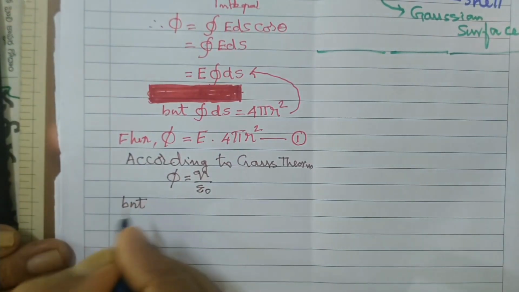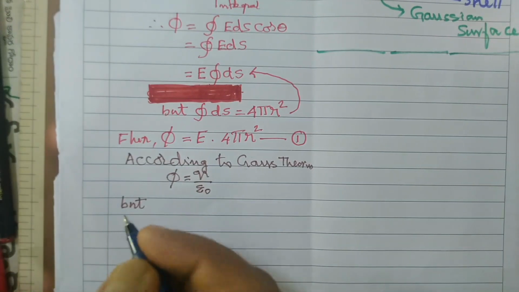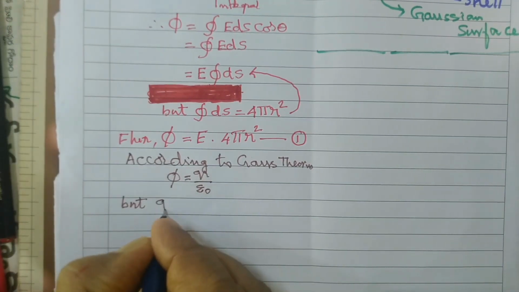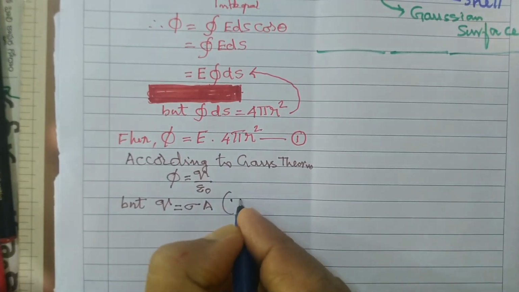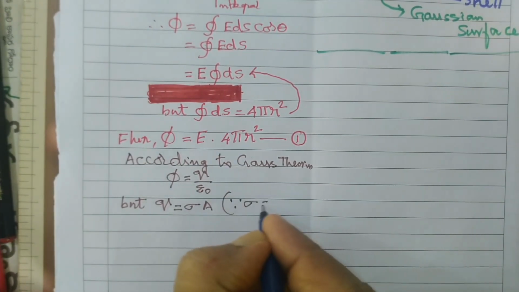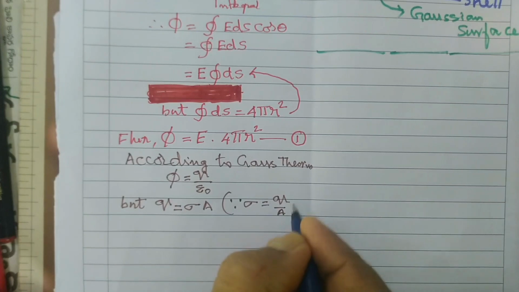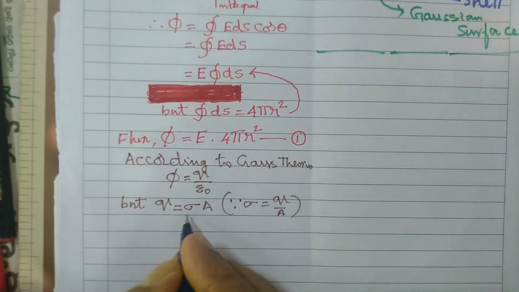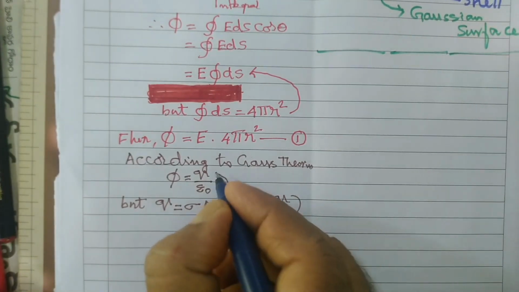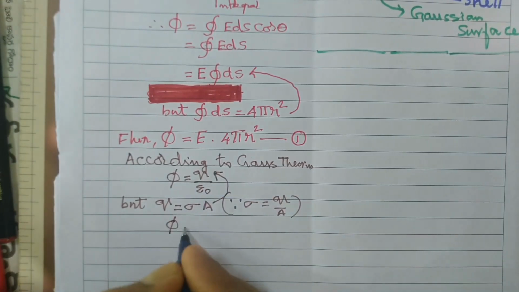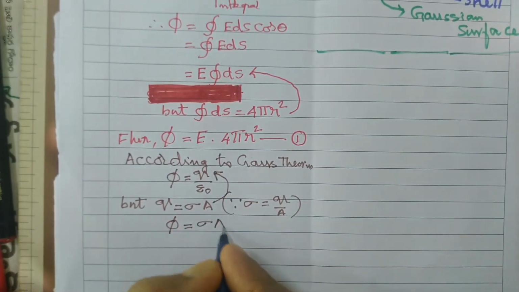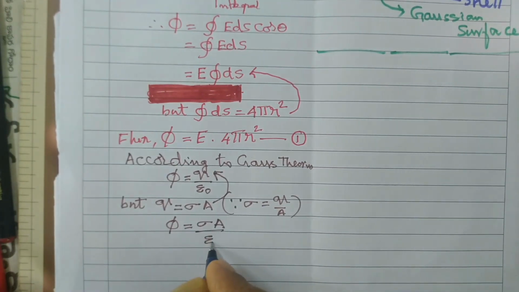But we know very well here q is equal to sigma a, because already we have seen sigma is equal to q by a. So we substitute sigma a for q. So phi is equal to sigma a by epsilon naught.